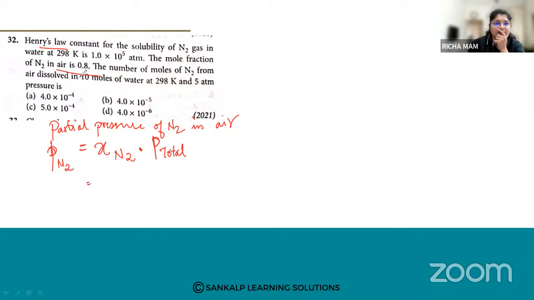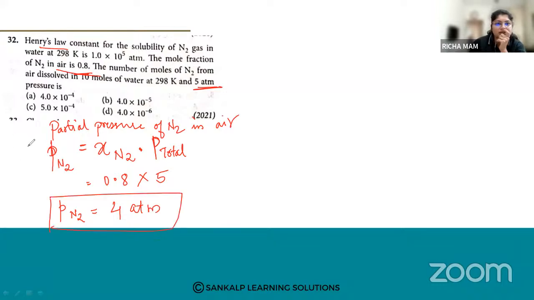The mole fraction of N2 is given as 0.8, and the total pressure is 5 atmospheres. So the partial pressure of N2 is 0.8 into 5, which is 4. So 4 atmospheric pressure is the pressure of N2.